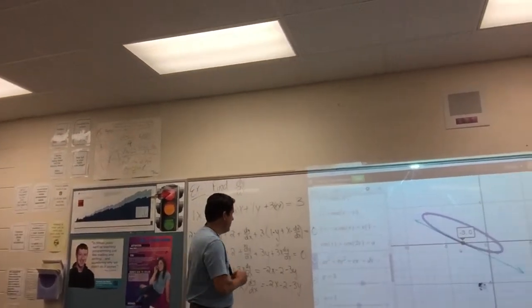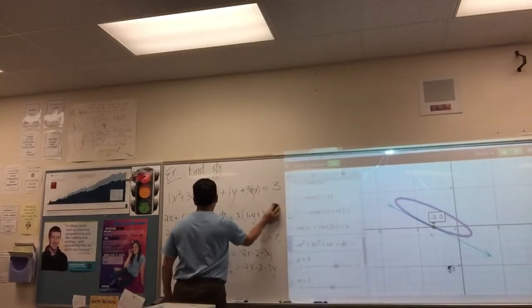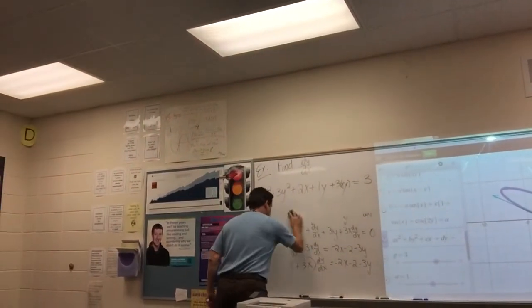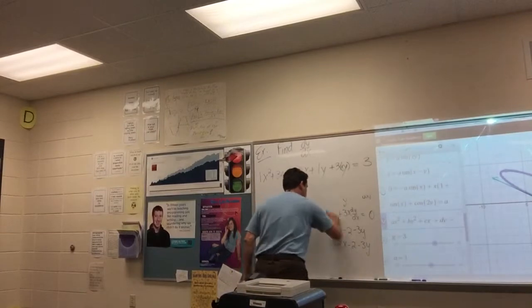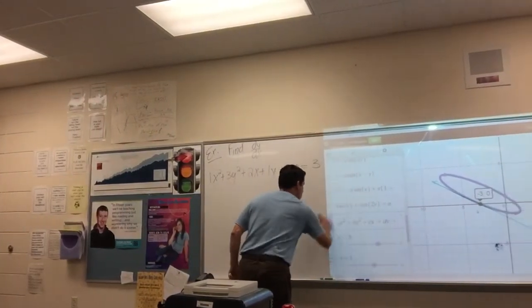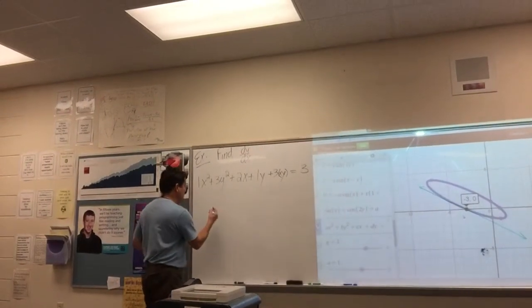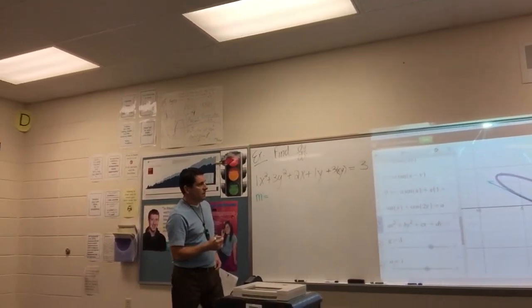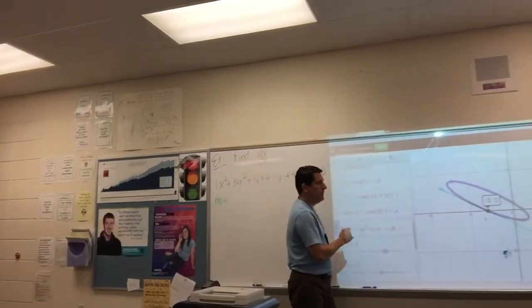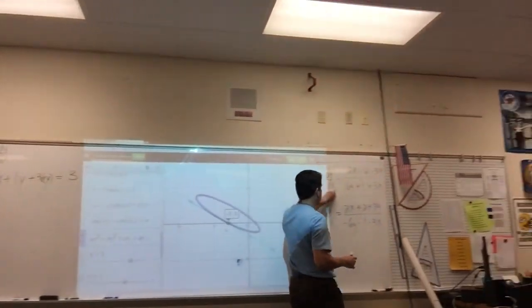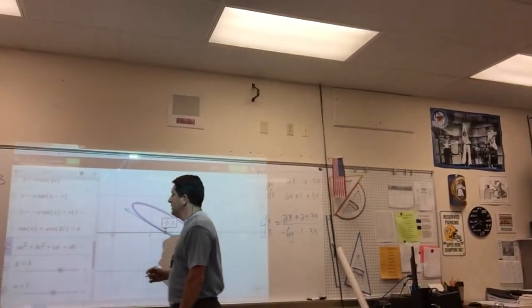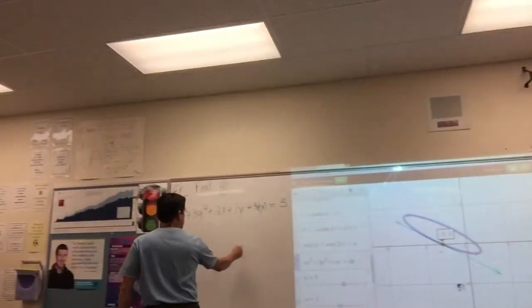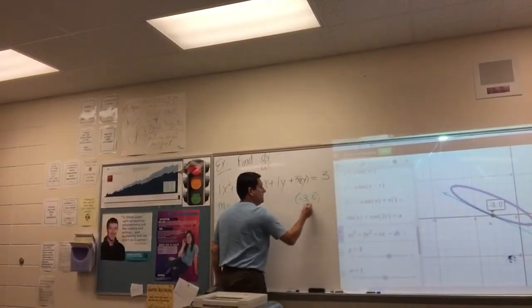So, in order to write the equation of the line, what do we need? A point and a slope. Okay? So, let's do the slope first. The point is at -3, 0. So I'm going to take this derivative and plug in -3 and 0.